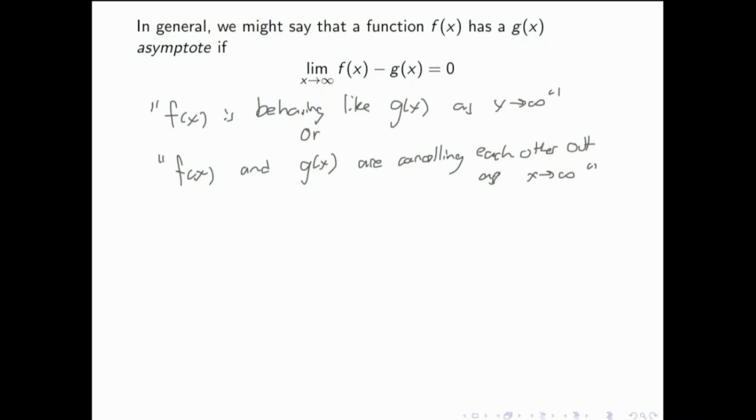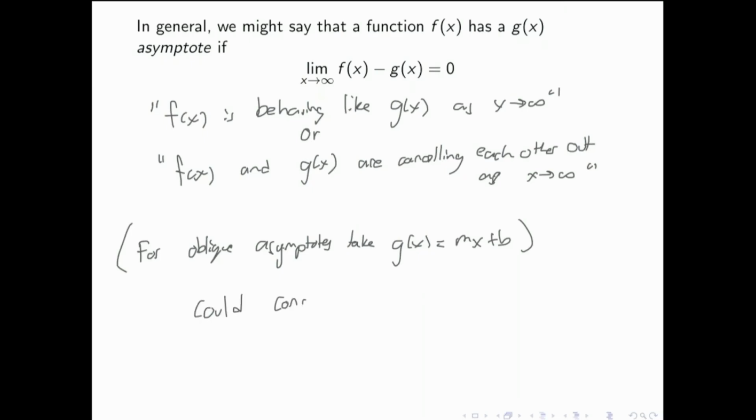Okay, so in the previous example for oblique asymptotes, we took g of x to be a linear equation, a linear function. But we could consider stranger g's.